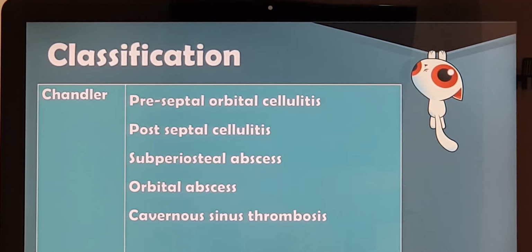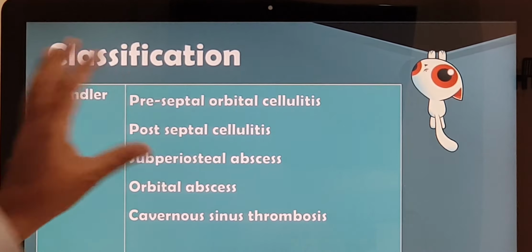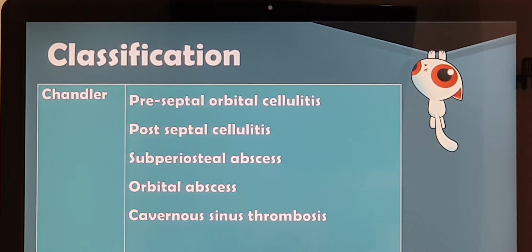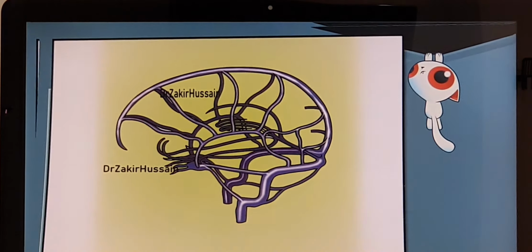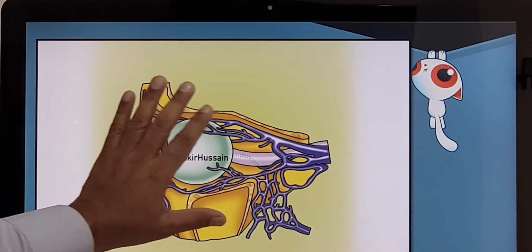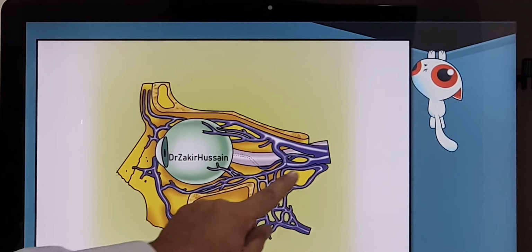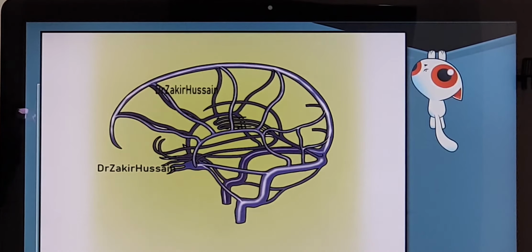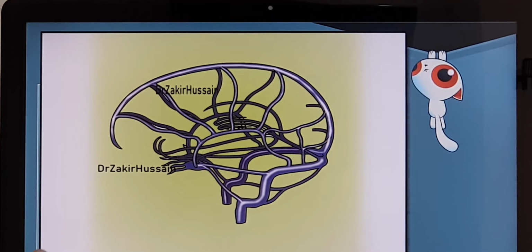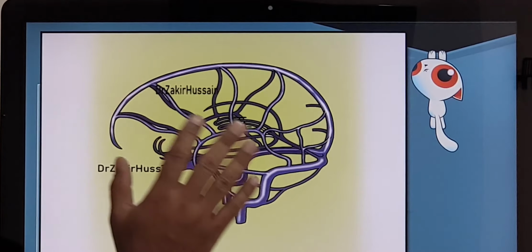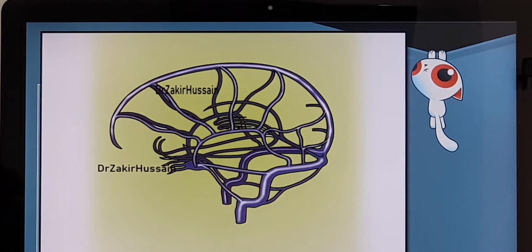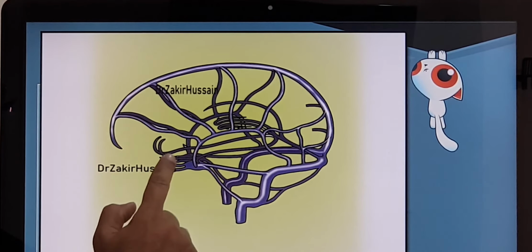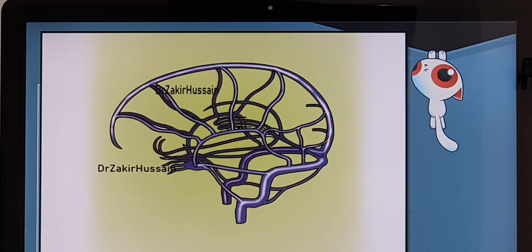And the last one, this eye infection can spread from the eyes through the important veins. It can spread into the cavernous system. You have a brain, and inside the brain you have a venous system, called the venous system of the brain, and in that you have a structure called the cavernous sinus.